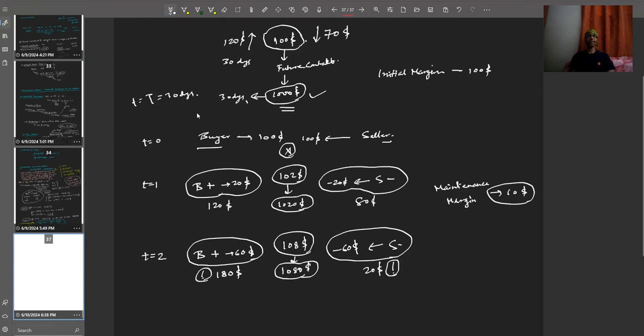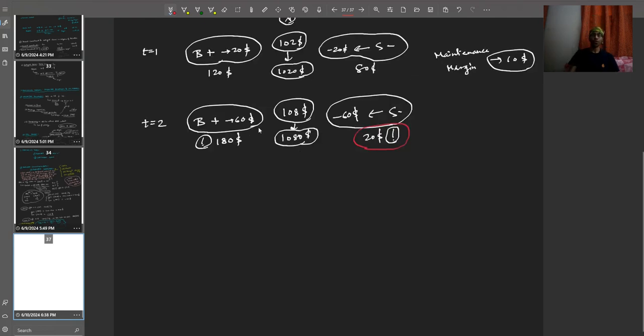But in this case, we have a maintenance margin breach, and that has been breached on the part of the seller. This is a breach here, right? So the seller now has to make amends. And how does the seller make amends? The seller has to put back that much amount into the account, which brings the balance back up to the initial margin.